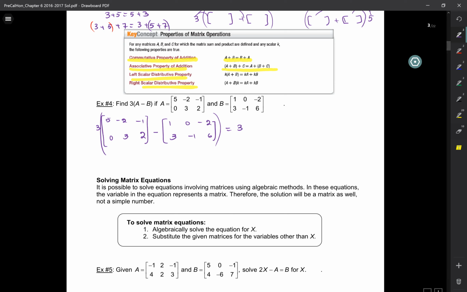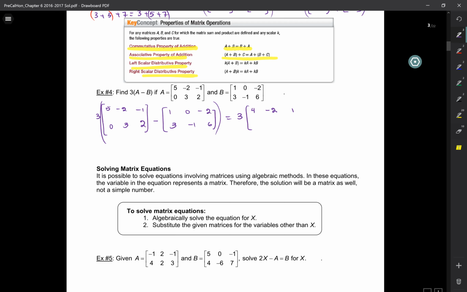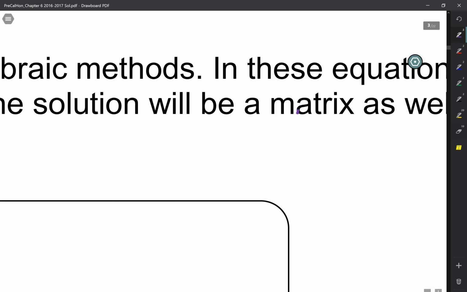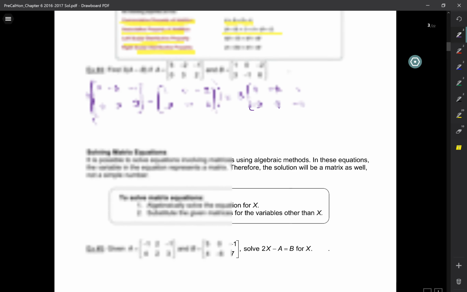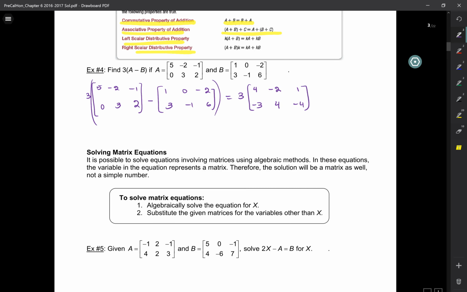So I have 3 on the outside times, if I subtract these, 5 minus 1 gives me a 4. Negative 2 minus 0 is negative 2. Negative 1 minus negative 2 is 1. 0 minus 3 is negative 3. 3 plus 1 is 4. 2 minus 6 is negative 4. Oh, sorry. And now when I multiply, I have 12, negative 6, 3, negative 9, 12, negative 12. And there you have it.